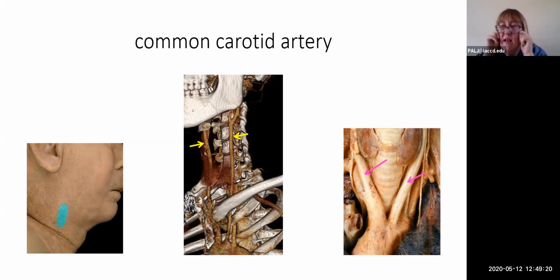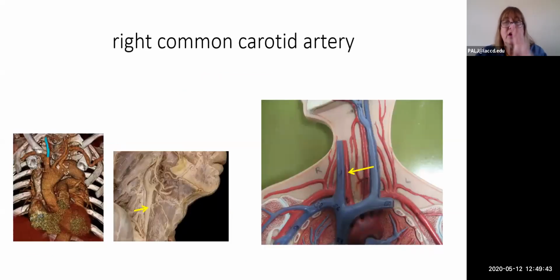Is that little pulsating thing anterior to their ear or posterior to the ear? That's anterior to the ear. And is that inside the skull or outside the skull? That's outside the skull. So that tells you when it's branching like this, the anterior branch is going to be the external branch, okay? So I'll get to that in just a second.